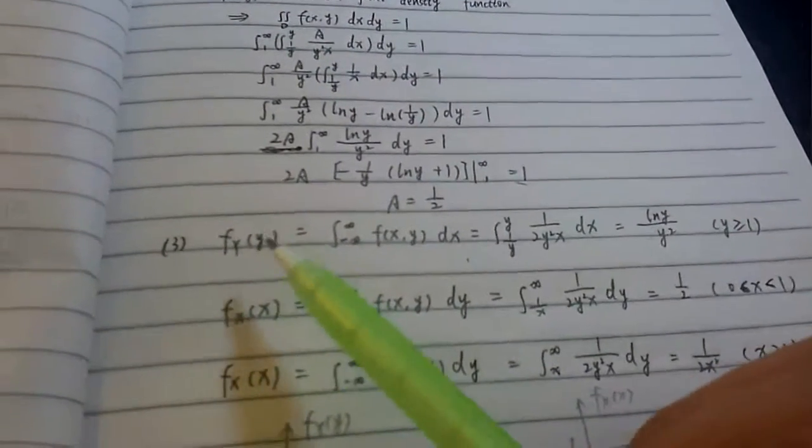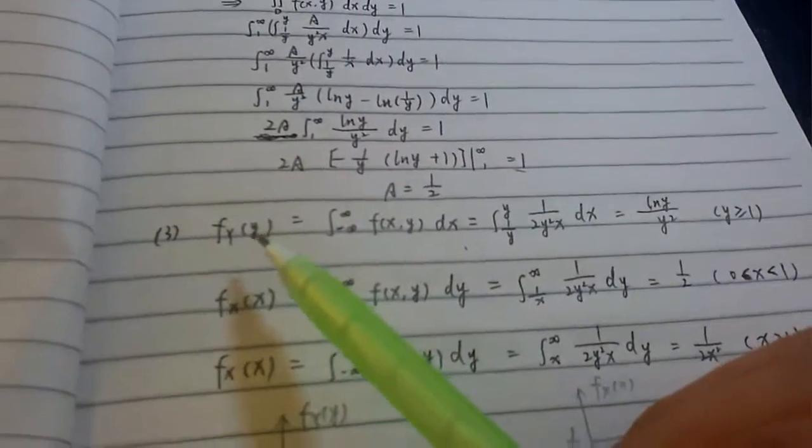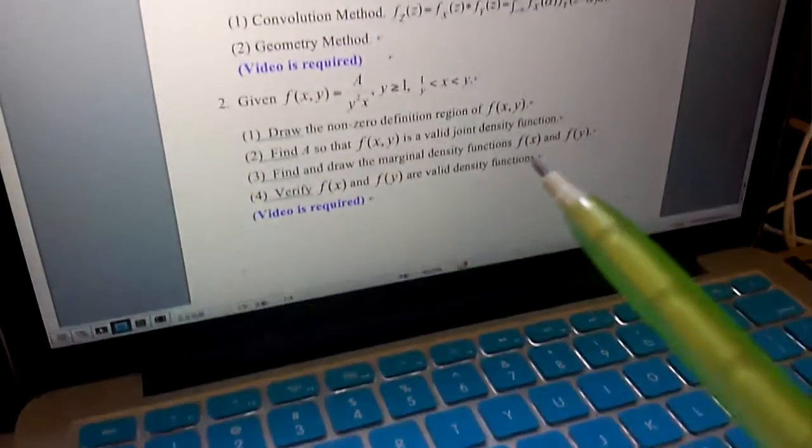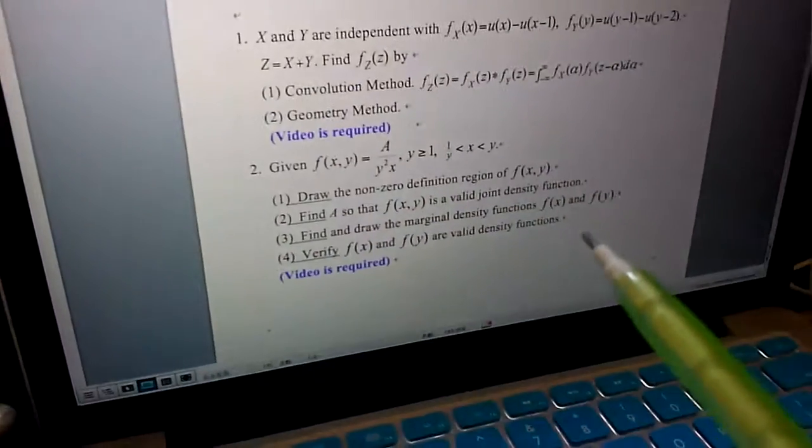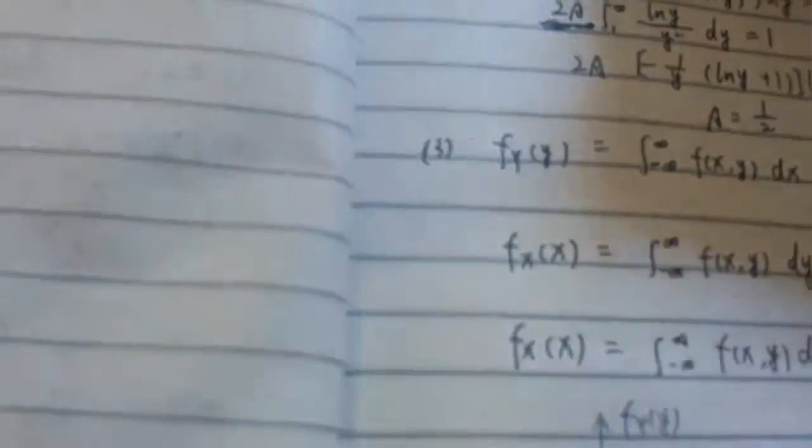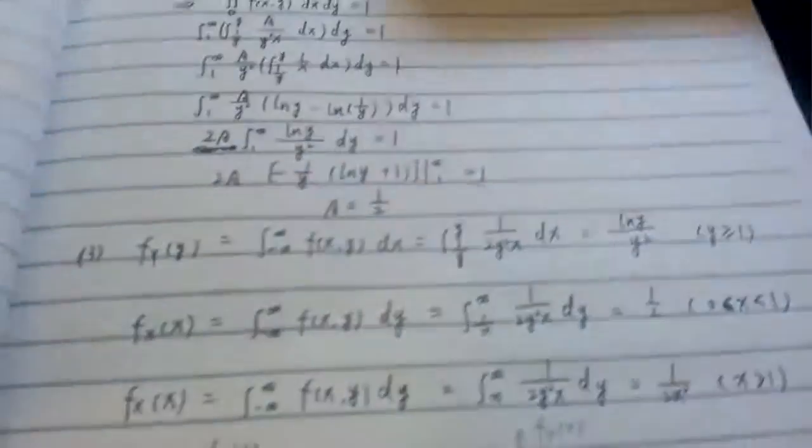is to calculate f_X and f_Y, that is, the marginal density of x and y.